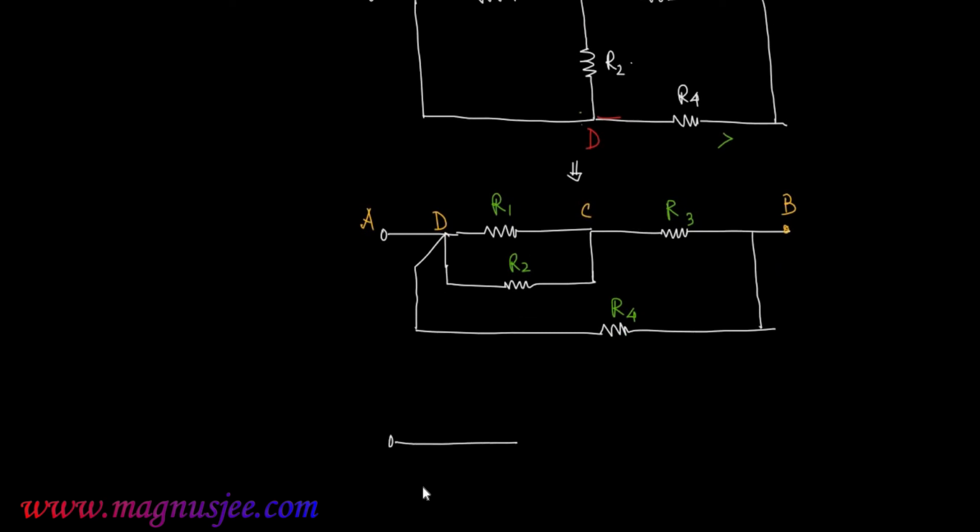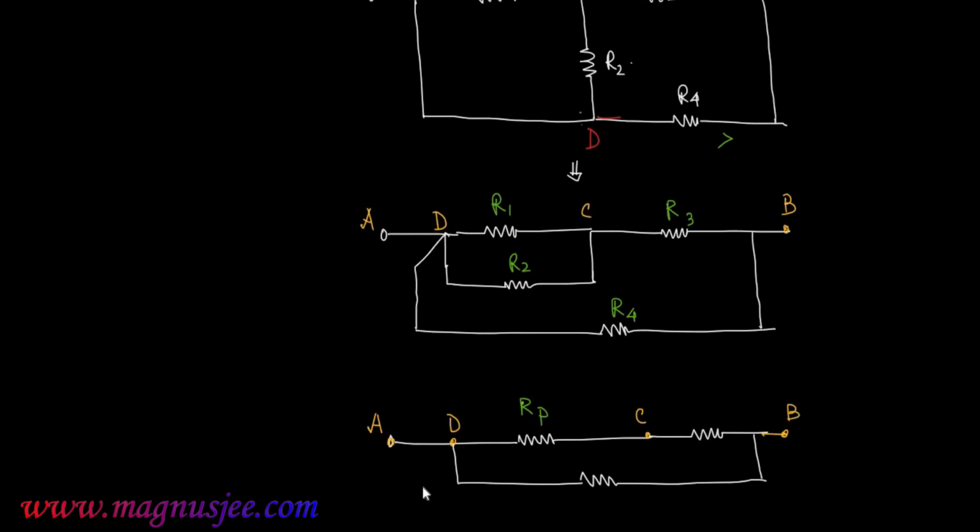So this is the modified diagram, and we can also draw another modified diagram, where the equivalent resistance of the parallel combination of R1 and R2 is denoted by Rp, and between C and B, the third resistance R3 is connected, and between the two terminals D and B, the fourth resistance R4 is connected in parallel combination.